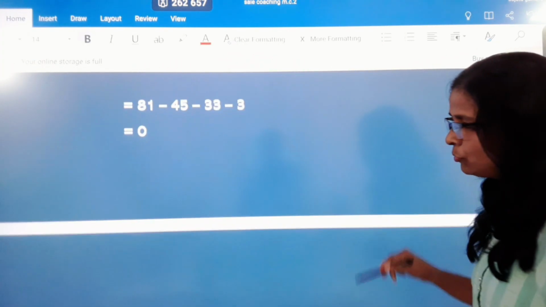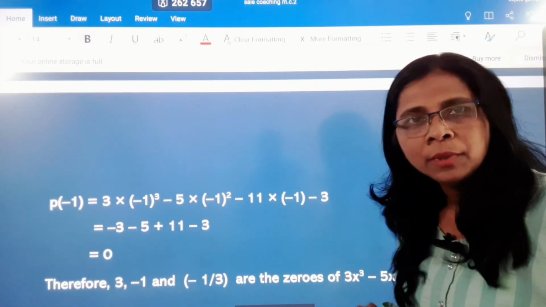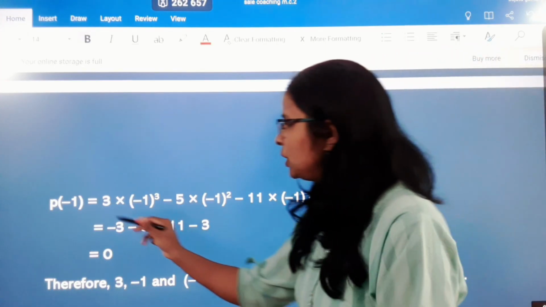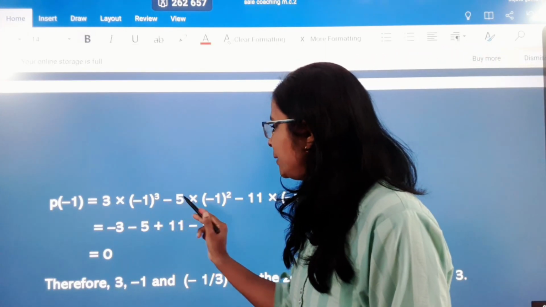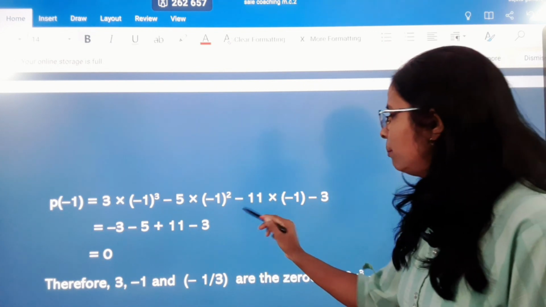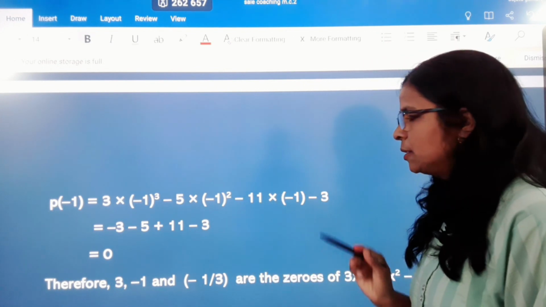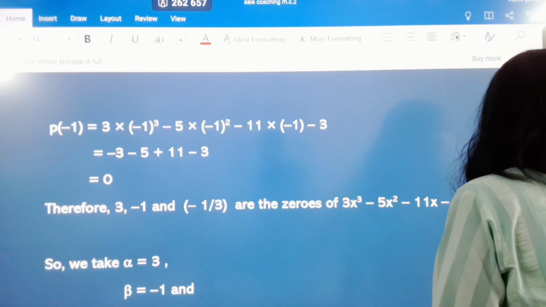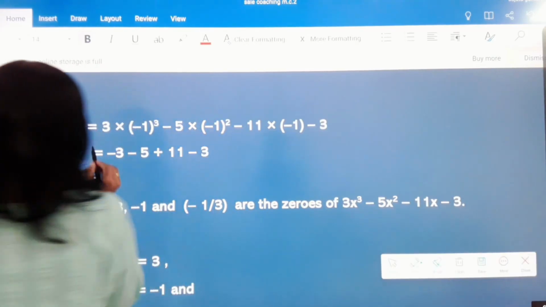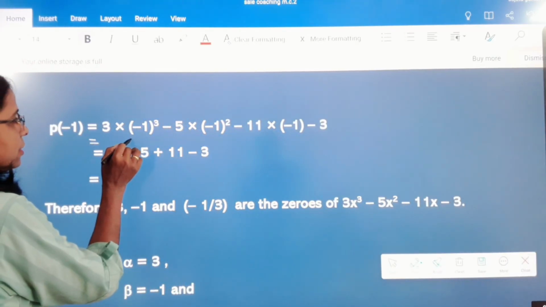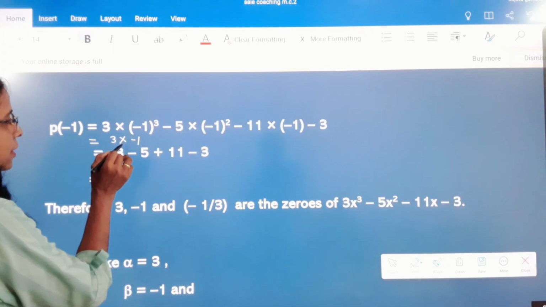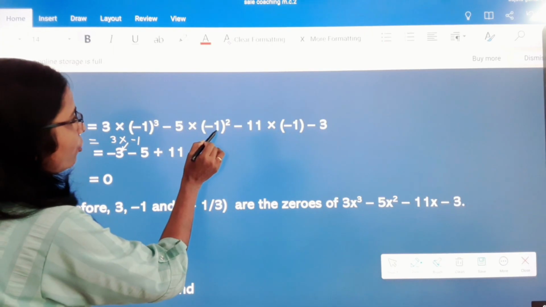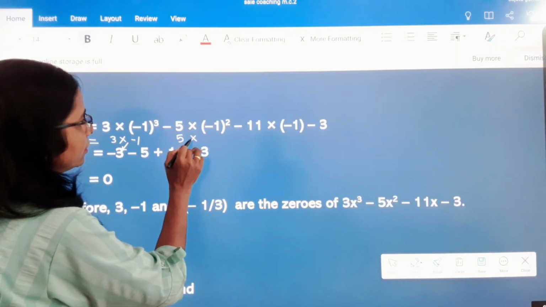Now the next value, that is at minus 1. So at minus 1 we get the value 3 into minus 1 cube minus 5 into minus 1 square minus 11 into minus 1 minus 3. Then the cube of minus 1 is minus 1. So 3 multiplied by minus 1 is minus 3. And then square of minus 1 is 1.